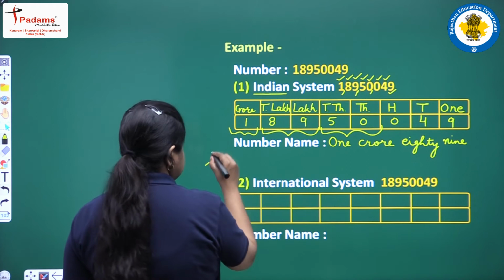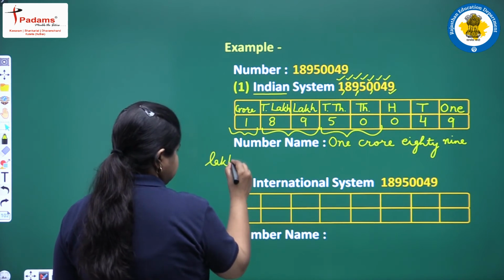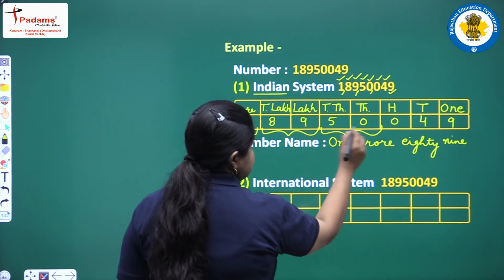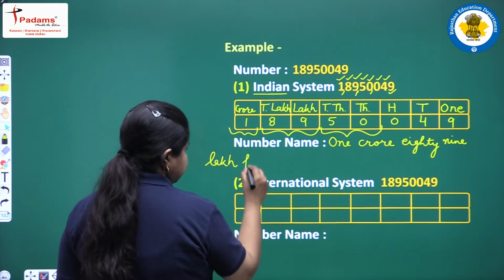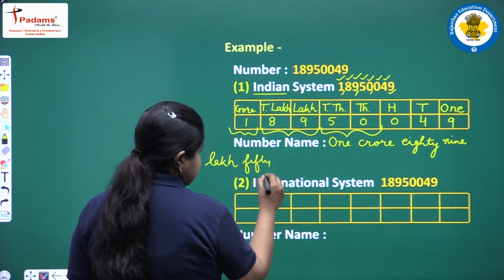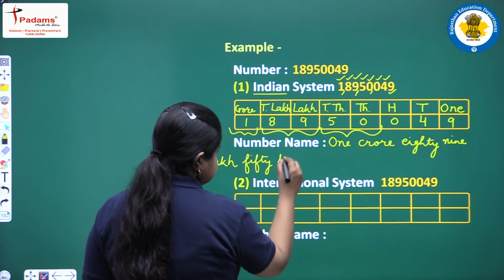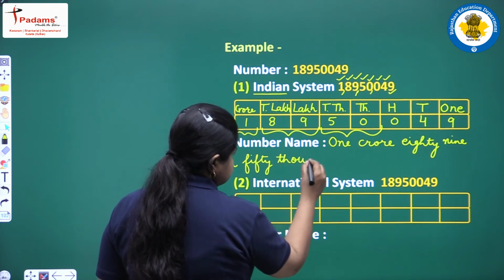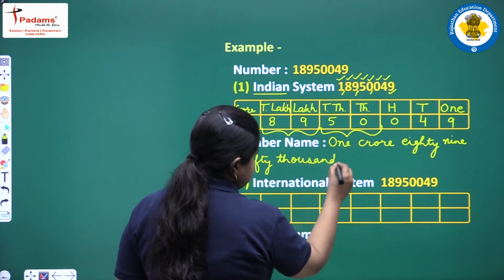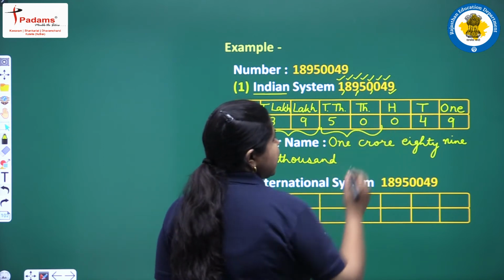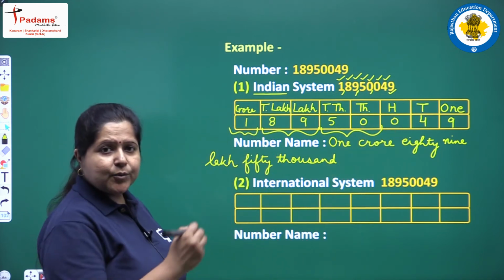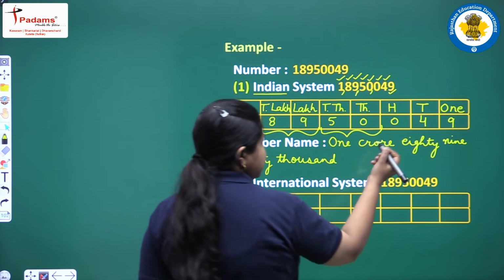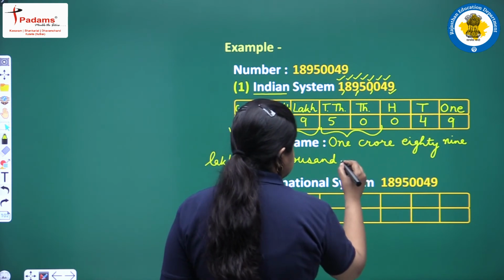We continue here. Then we take up together 50,000, and then the hundreds place is 0. So, no need to mention it, simply write 49 straight away.